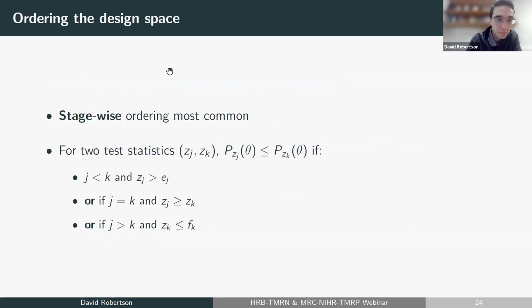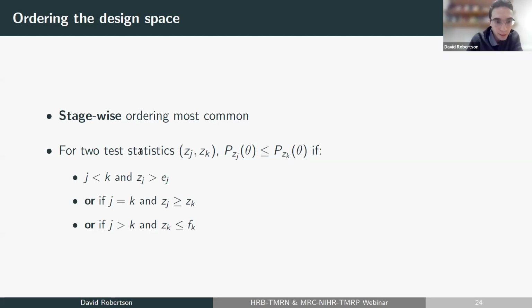So just going into that in a bit more detail. There are lots of different ways you can order the design space for a group sequential trial, because you have both the value of your test statistic, but you also have the stage at which your trial stopped. And there's not a unique way of ordering that in terms of what's more extreme evidence against your null hypothesis. Stage-wise ordering is the most common. It has several good properties and I think is recommended.